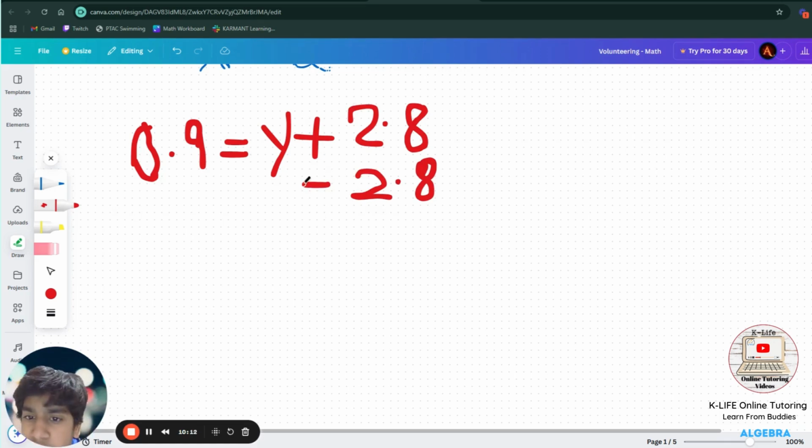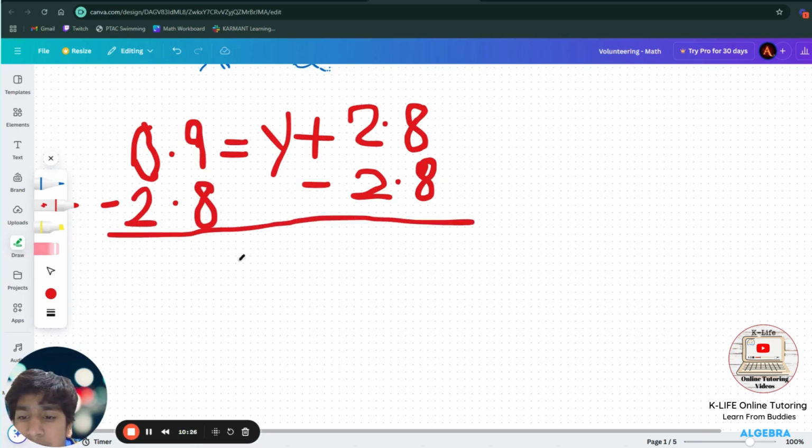Since we're subtracting 2.8 from one side, we have to do the same from this side too. So that's going to give you negative 1.9 equals y.